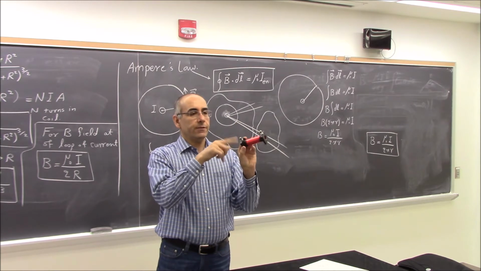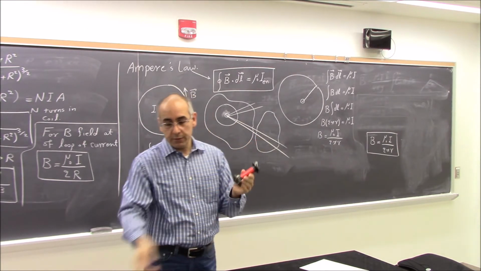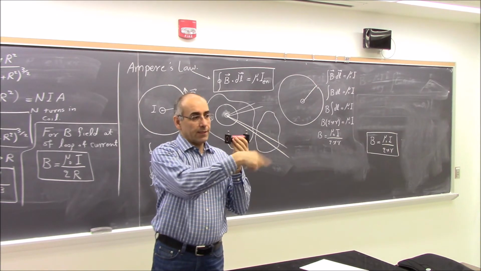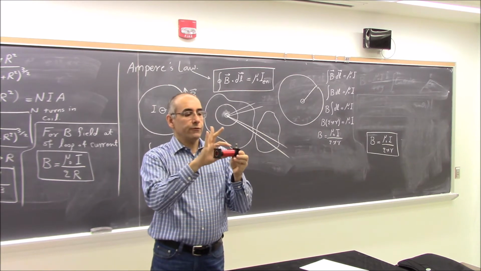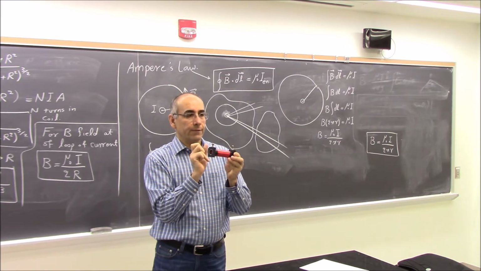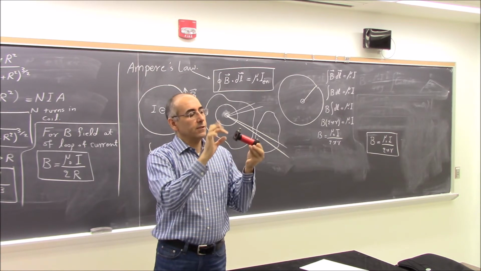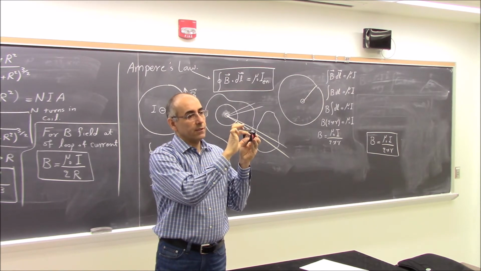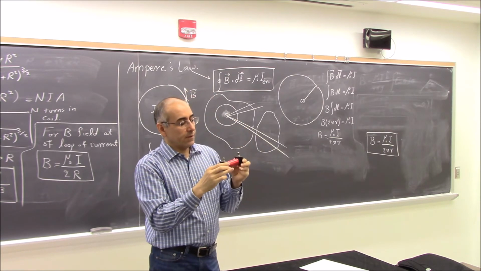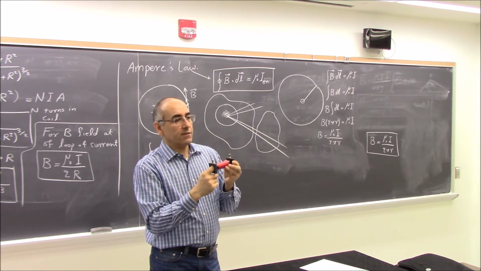There are many, many turns of wire spread around the cylinder, not a coil. A coil is all on one circle, but this is many, many turns that go like this around the cylinder. And usually they are characterized by the number of turns per unit length of the solenoid. If this solenoid is long, meaning the length of the solenoid is big compared to the radius of its circles, you can use a good approximation and find the magnetic field inside the solenoid.